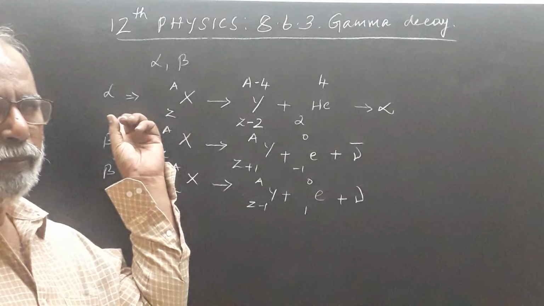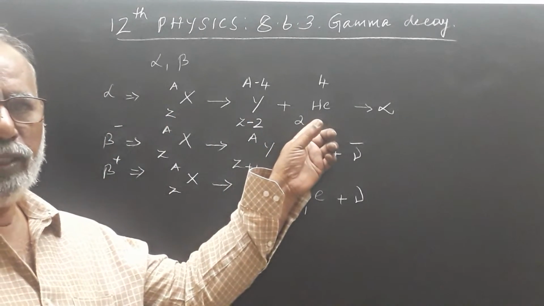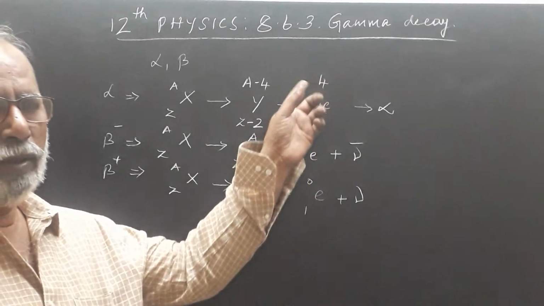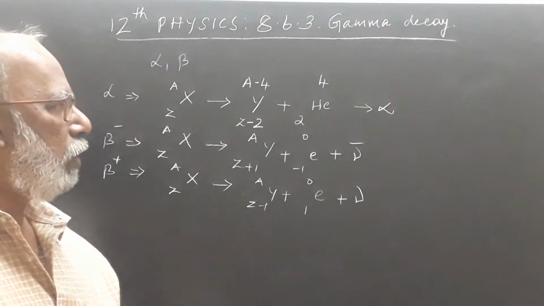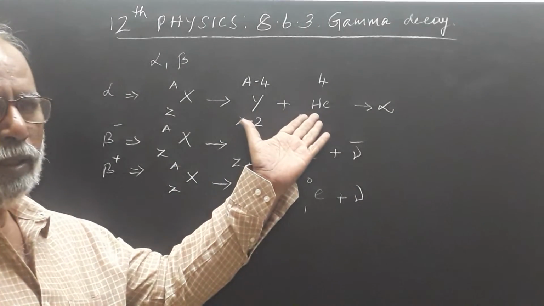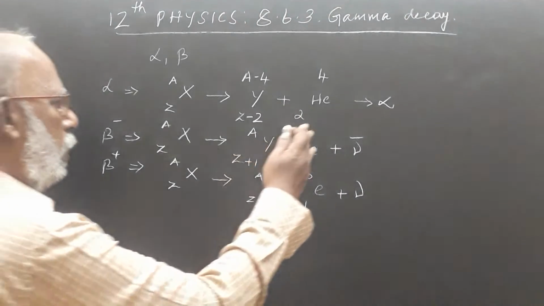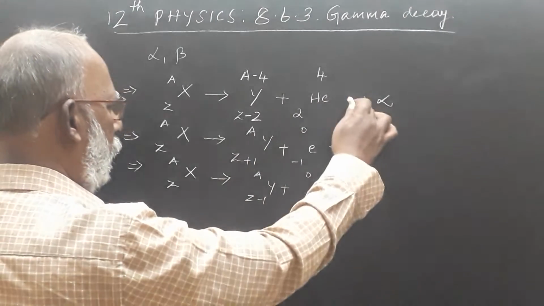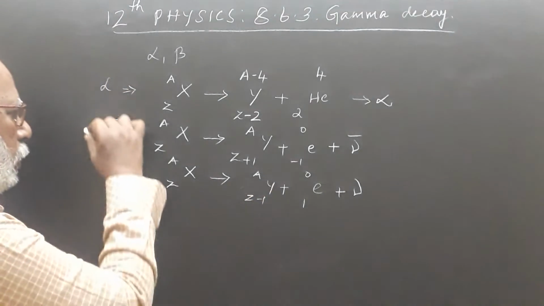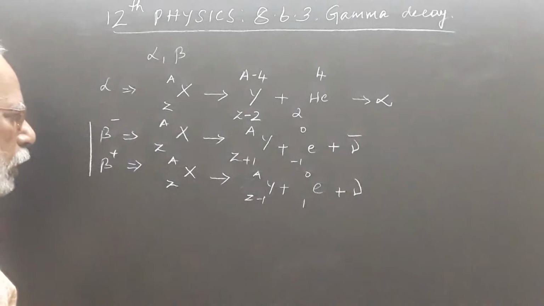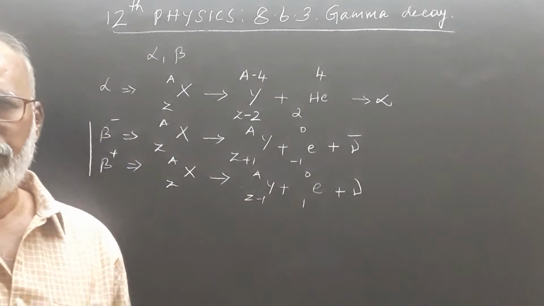In the first, the emission of alpha nucleus is nothing but 2He4. That's why the decay may happen only because of emission of one alpha particle along with some other particle. This is called alpha particle. Now, when we are speaking about beta decay, it happens in two ways.